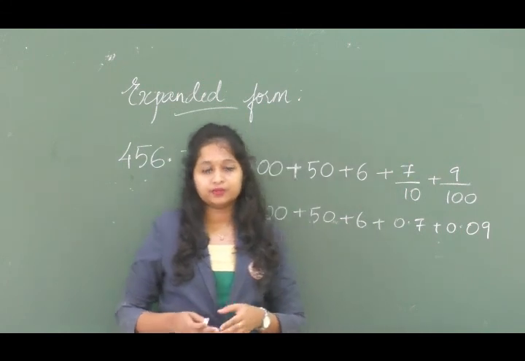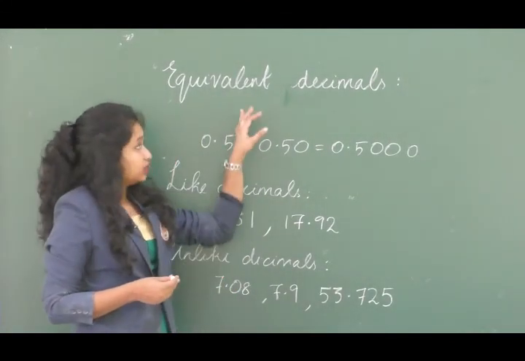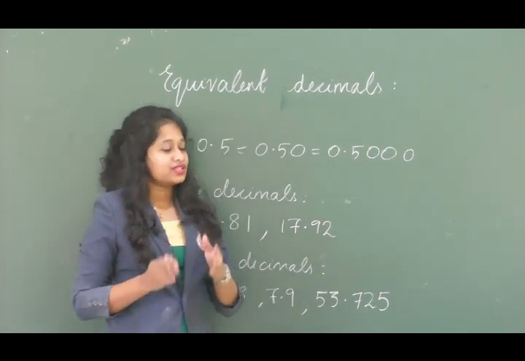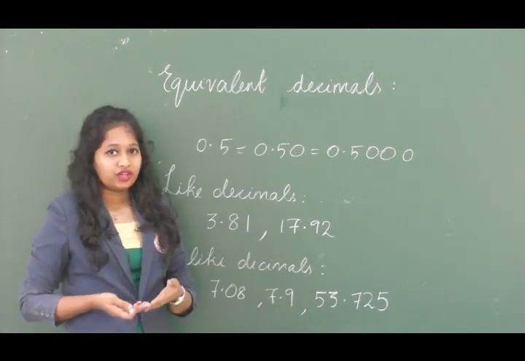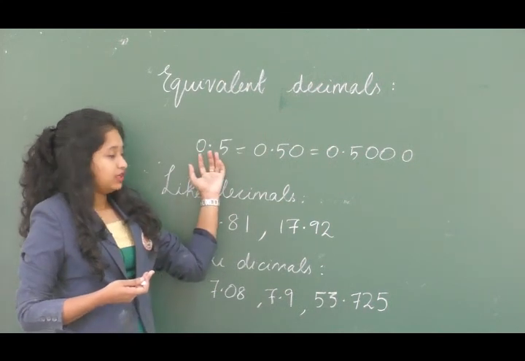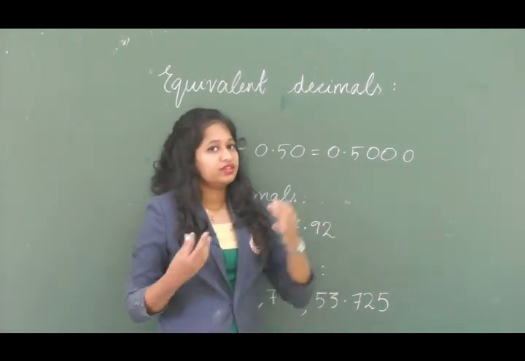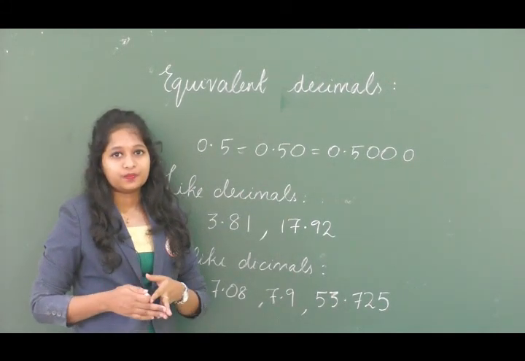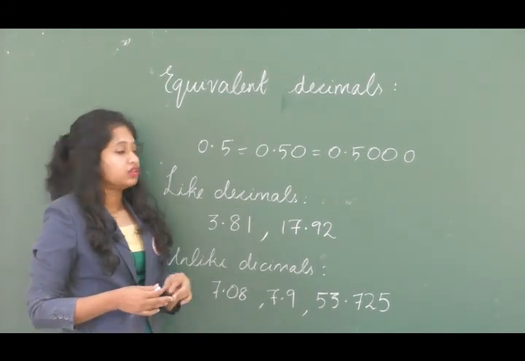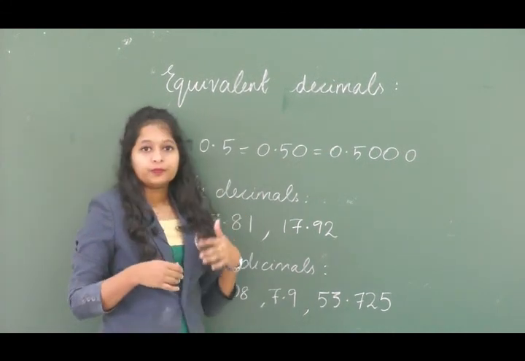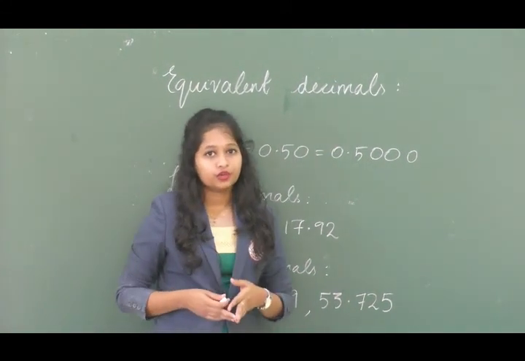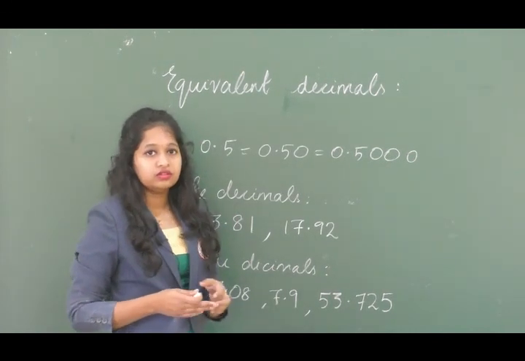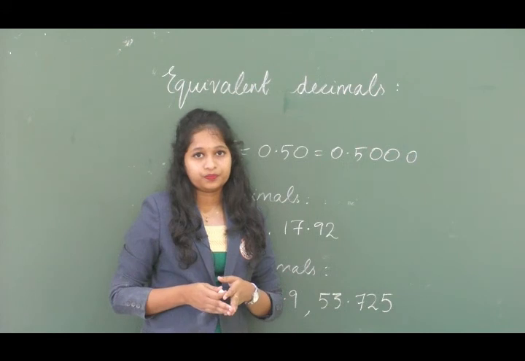Okay, so let's see what are equivalent decimals. The decimals we can write like this. Then we say all these are equivalent decimals. So what is it? If you insert a 0 after the decimal part of a number, it doesn't change the value.